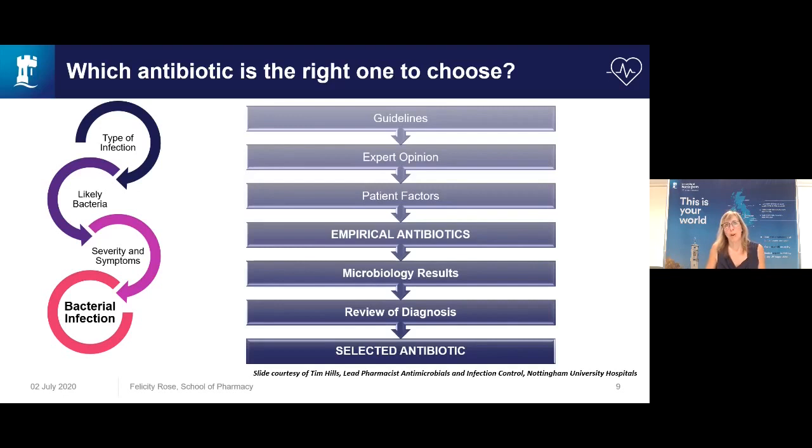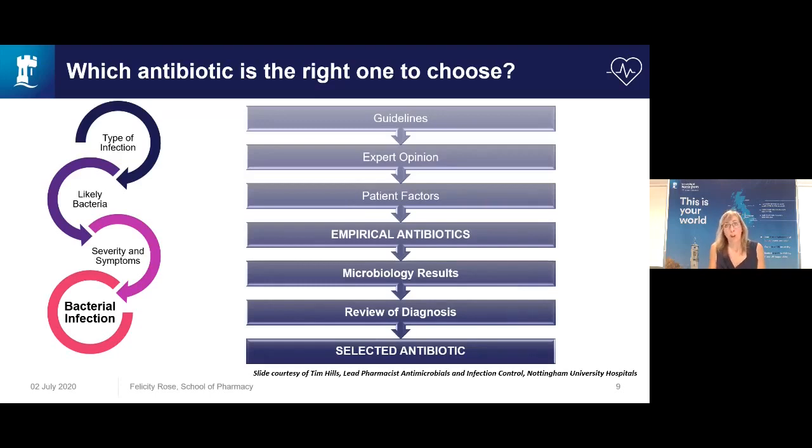So with all these antibiotics, how do we know which one to use? Well, when a patient will first present with an infection, they will present with certain types of symptoms, different levels of severity of those symptoms. And so through understanding how the patient is feeling and knowing from previous infections and previous patients, we will know most likely that it's a bacterial infection, and we'll know the likely bacterium that's causing that infection.